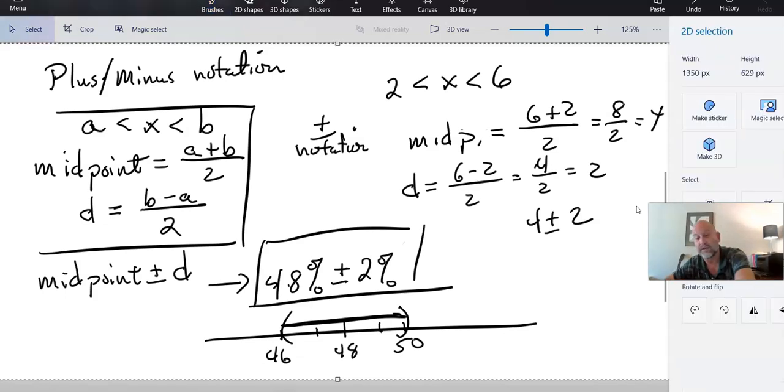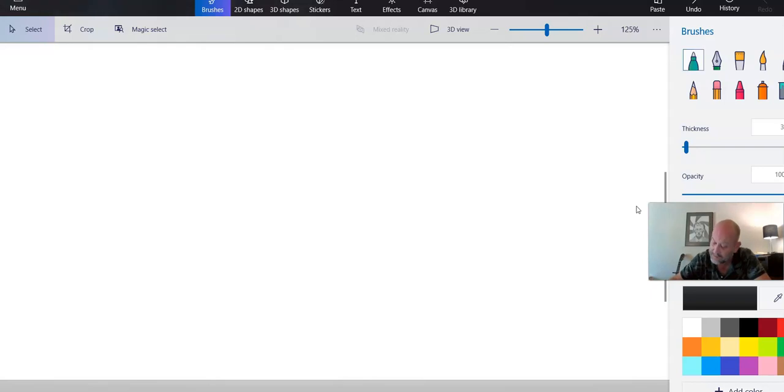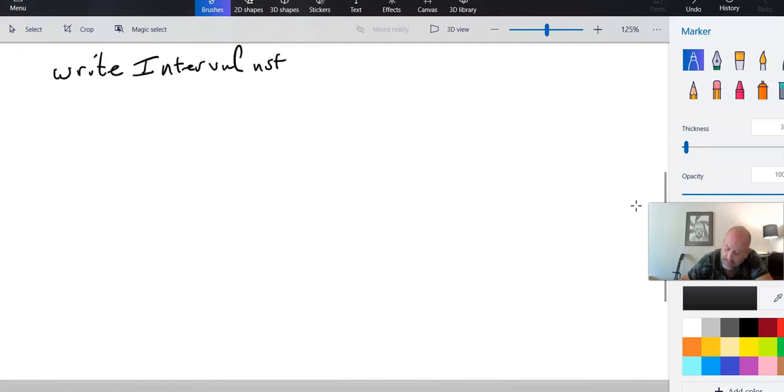So let's go ahead and collect that. We'll do that, turn this back on, and okay. So let's write interval notation and graph, right? You really don't have to do it in any particular order.